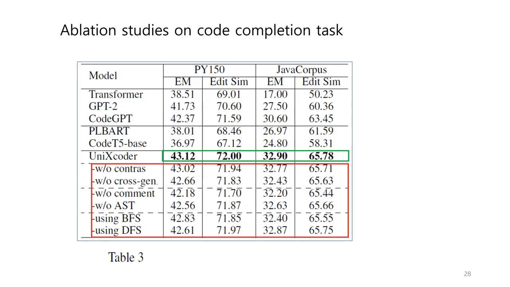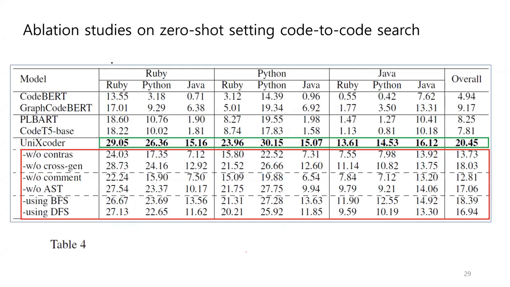In the case of code completion, the contrastive learning, cross-modal generation, comments, ASTs all contribute to the better performance of the UniXcoder. The mapping function F, which is used in this UniXcoder, is better than these two tree traversing algorithms.